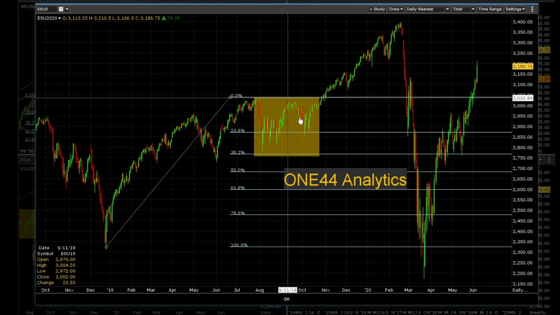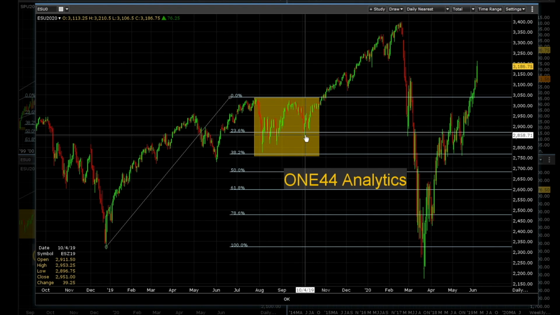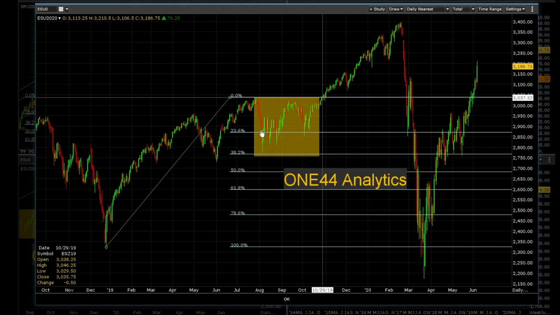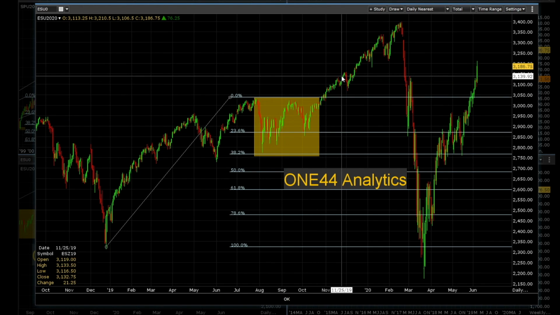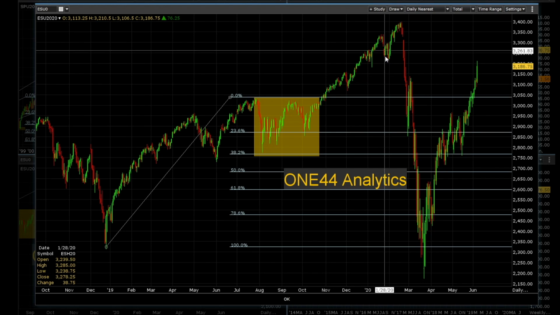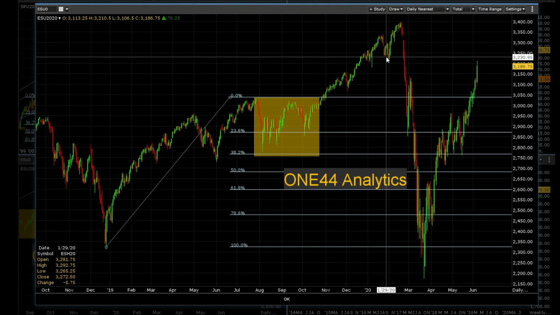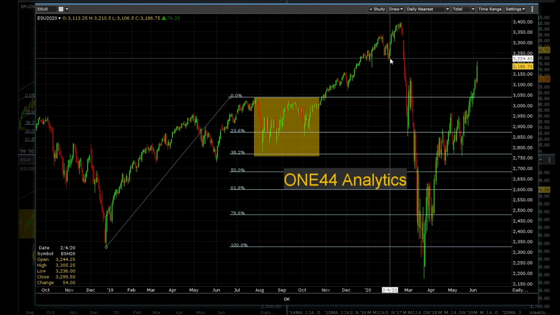In fact, this setback here was exactly 61.8 on this one, and then we finally break out, and then from here you start seeing 23%, 23%. Now, this doesn't look like much right here, but this is almost $200 worth of movement, which at any time would be a huge move.